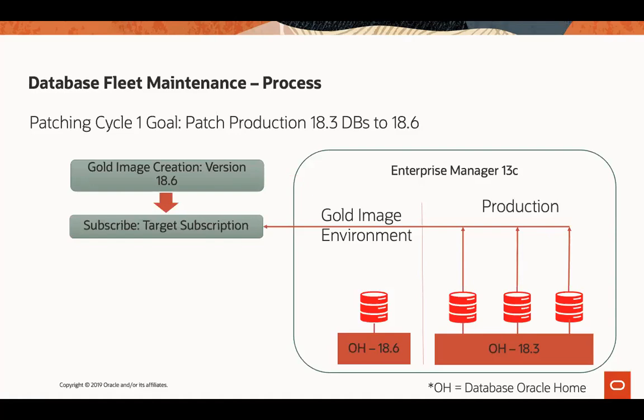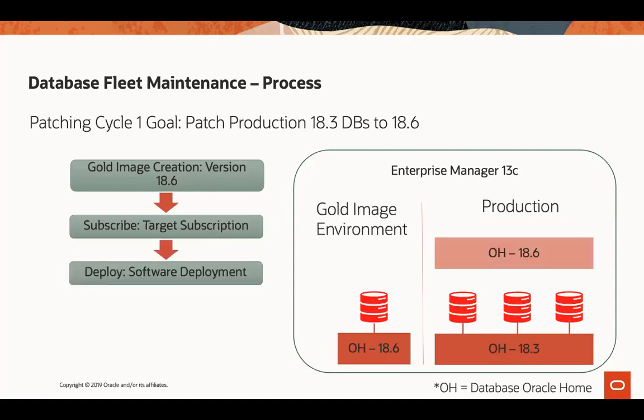What we then do is we subscribe those databases to the gold image. And then when we're ready, we can deploy that Oracle home to the servers where those 18.3 databases are at. That 18.6 Oracle home then becomes what we call a shadow image. It's inactive, but it's there ready and waiting to be used.